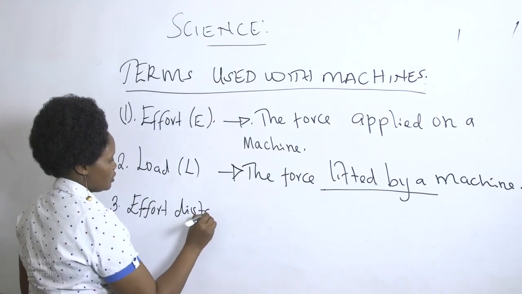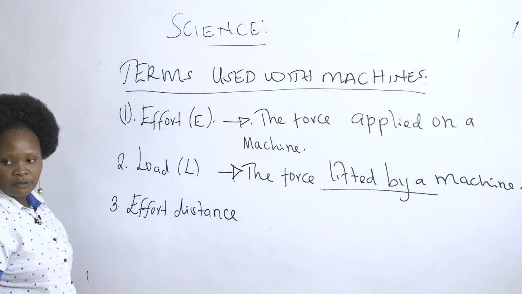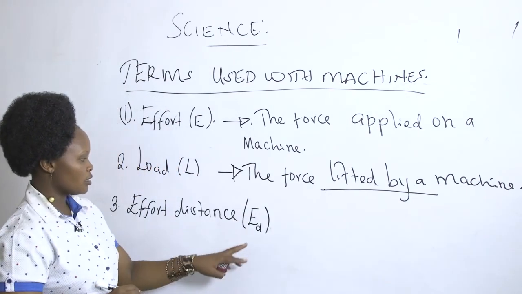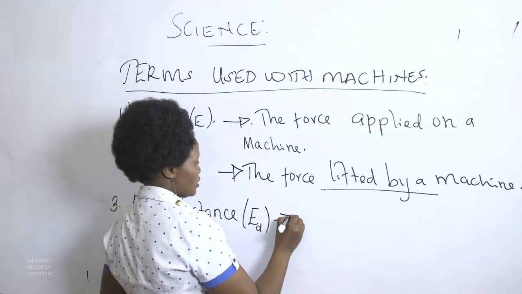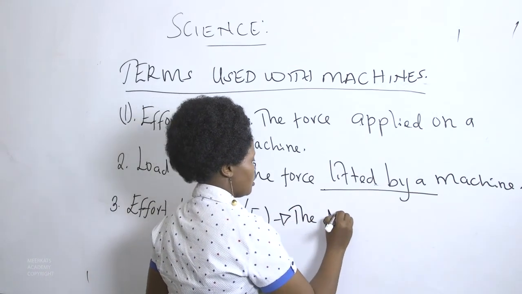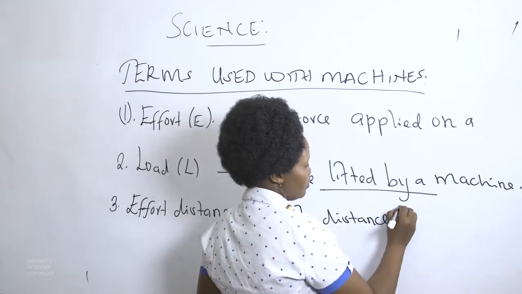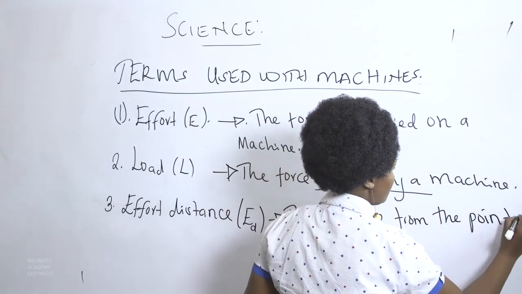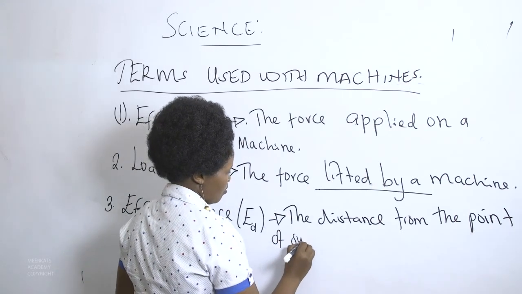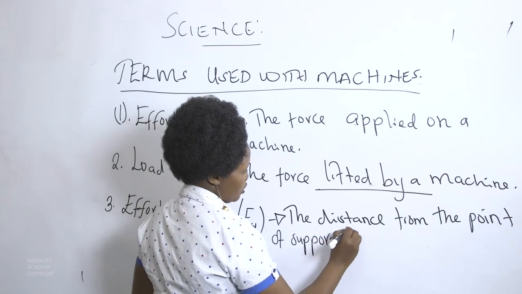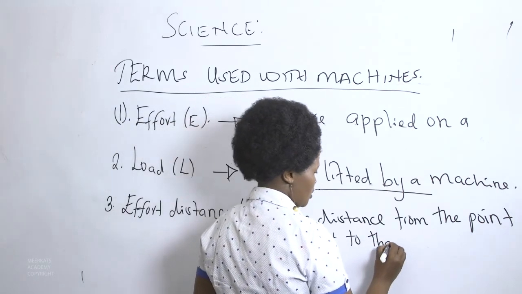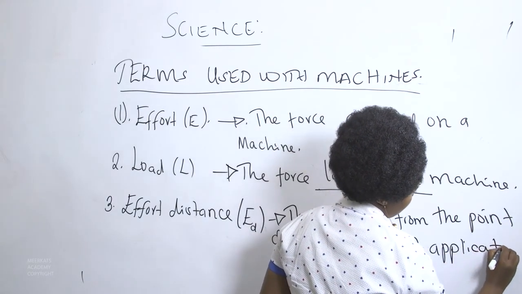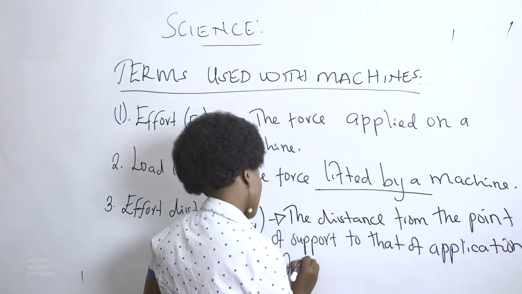We can also look at effort distance. Effort distance, or what we can write as E subscript D, and this is the distance from the point of support to that of application of the effort.